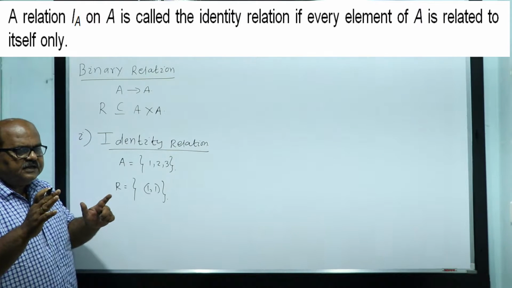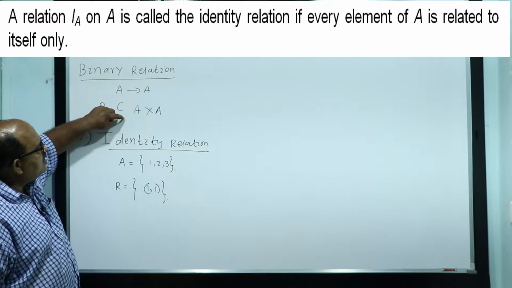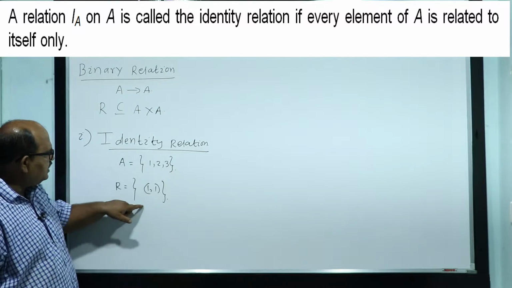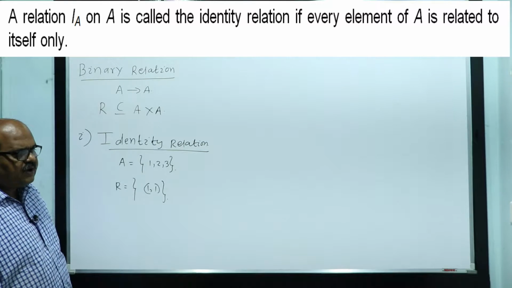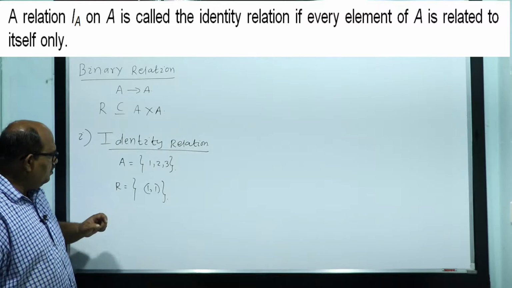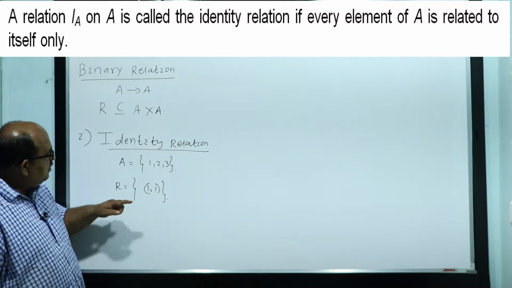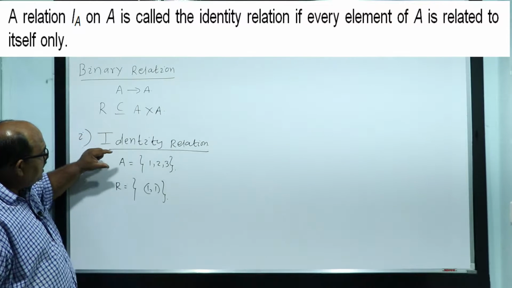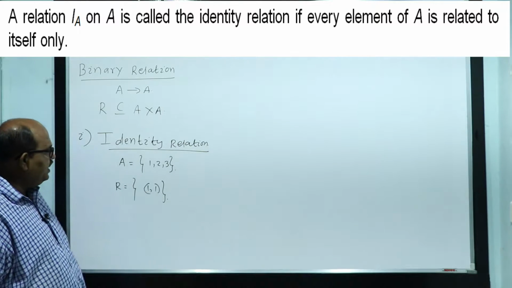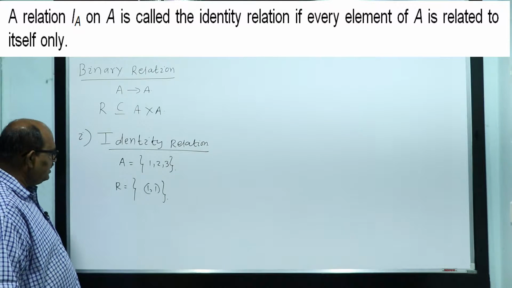The definition is every element of set A is related to itself only. Based on this definition, think: if R is equal to {(1, 1)}, is it an identity relation? No, because 1 is related to itself is correct, but in the statement it is given every element of set A should be related to itself only. So (1, 1) alone is not an identity relation.